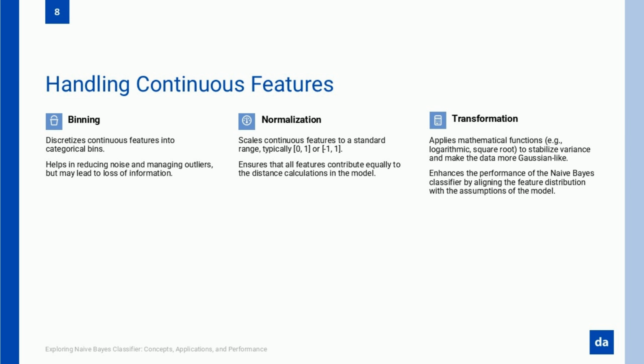By scaling everything to the same range, normalization ensures that every feature contributes equally to the analysis. Then there's transformation, which applies mathematical functions to continuous data to stabilize variance and make the distribution more Gaussian-like. For example, you might take the logarithm or square root of values to reduce skewness. This step is particularly useful when the data doesn't naturally follow a bell curve.